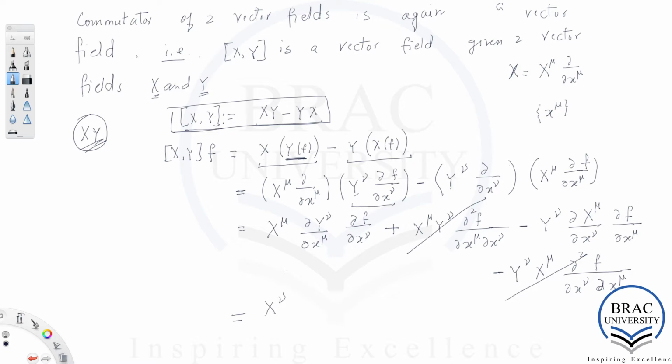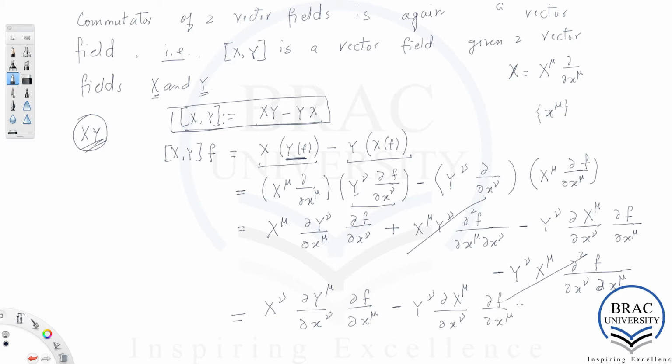So I can write it as x^nu ∂y^mu/∂x^nu and ∂f/∂x^mu, by changing the dummy indices, and I leave nu and mu as they are in the second summand: y^nu ∂x^mu/∂x^nu and ∂f/∂x^mu.